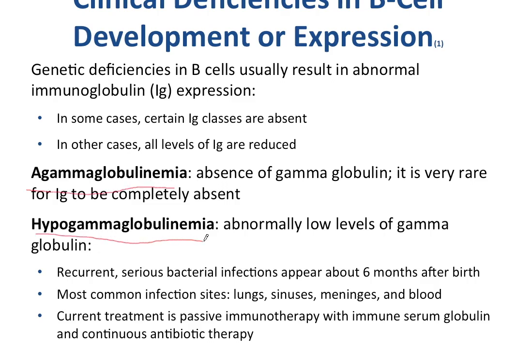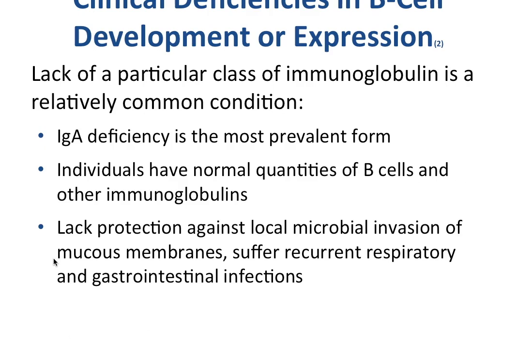If the level is very low, this is called hypogammaglobulinemia. The IgA deficiency is the most common.